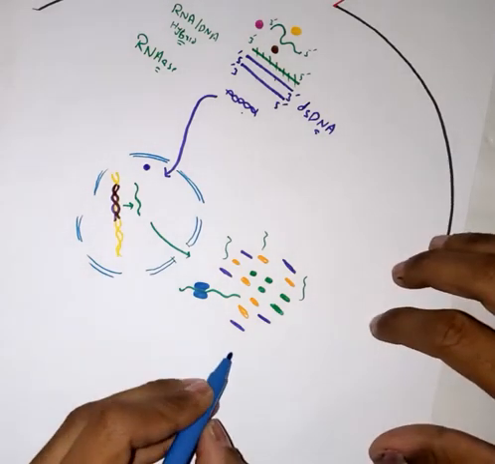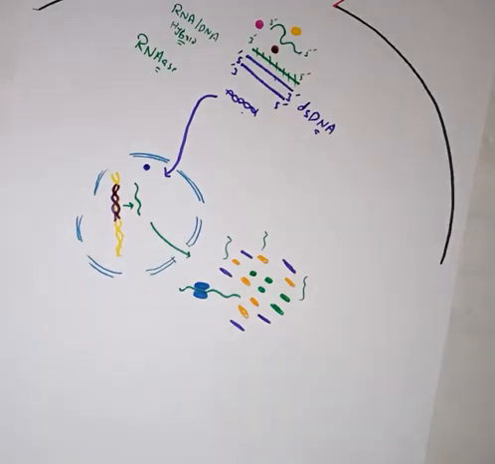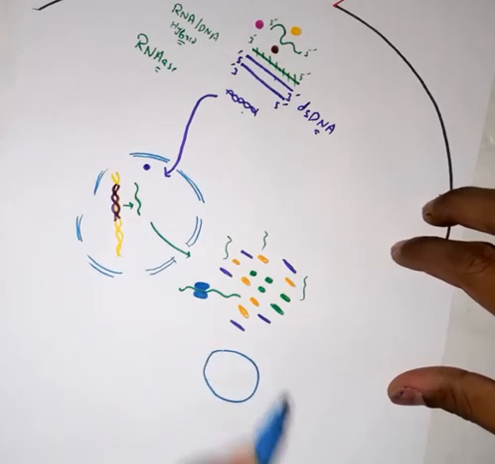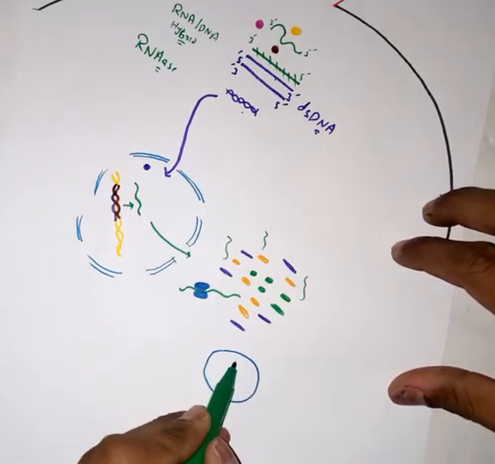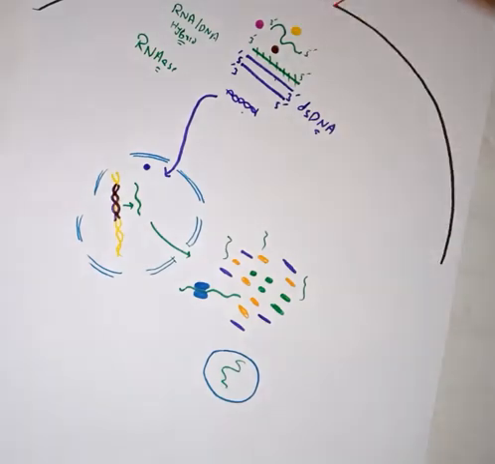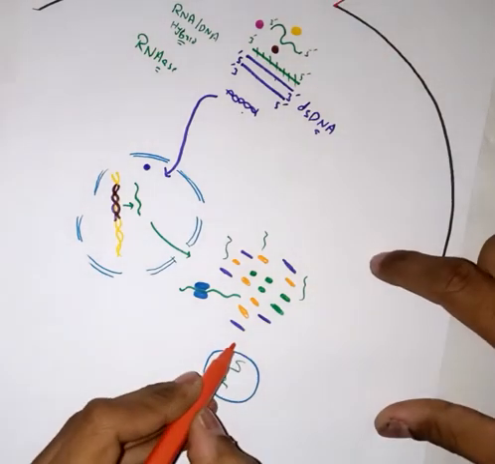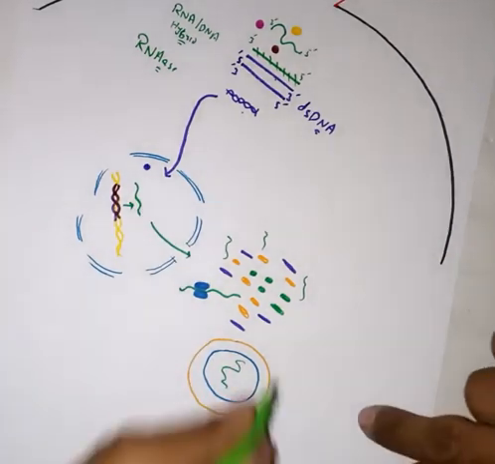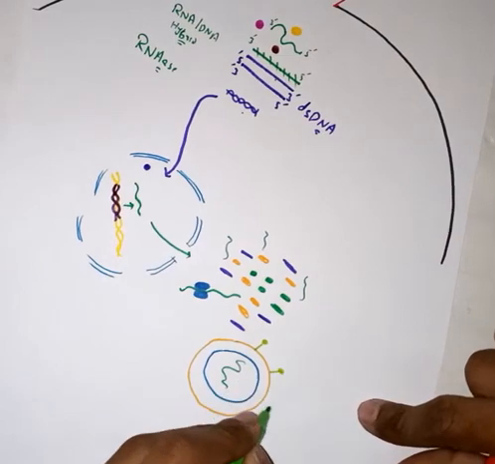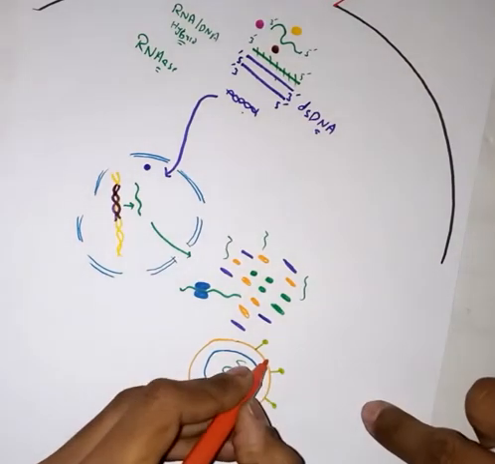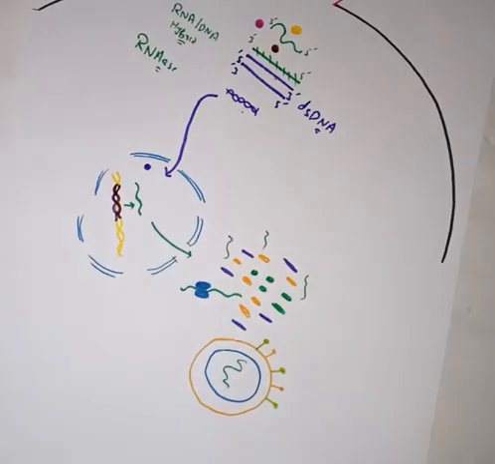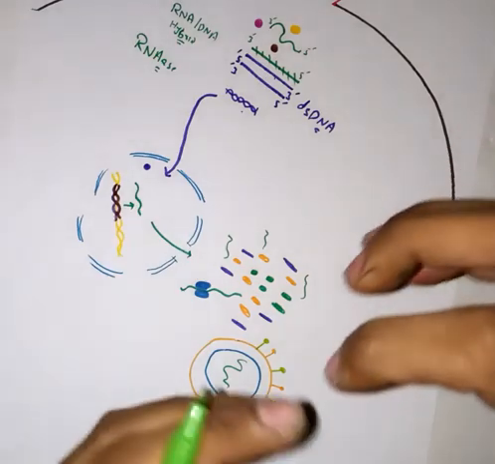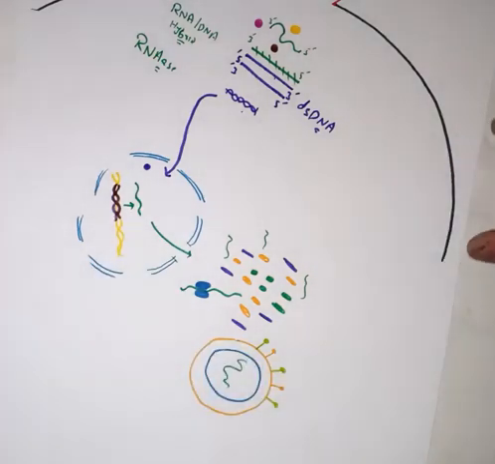Now new viruses will form: capsid will be formed, genome will be formed, envelope will be formed, glycoproteins will be formed, and full-fledged new viruses will start making inside the host cell, inside the CD4.